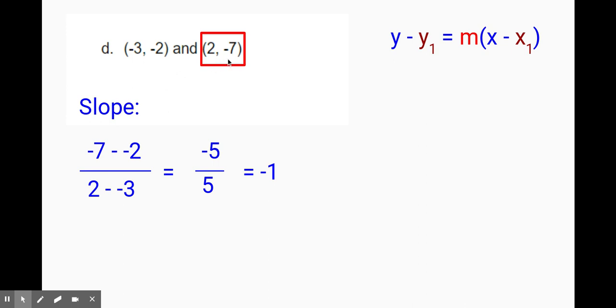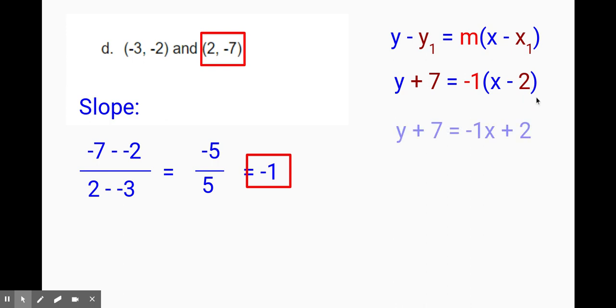This is my x, this is my y. Be careful when you distribute that negative. Squeeze this negative in front of the x, but this is -1 times a -2, so that would be a +2. And this was minus a -7, so that's why this is positive.